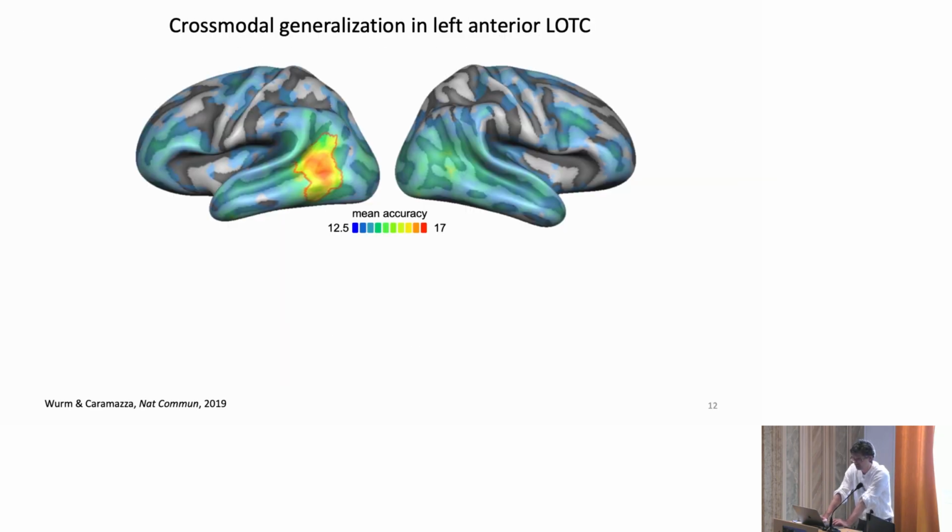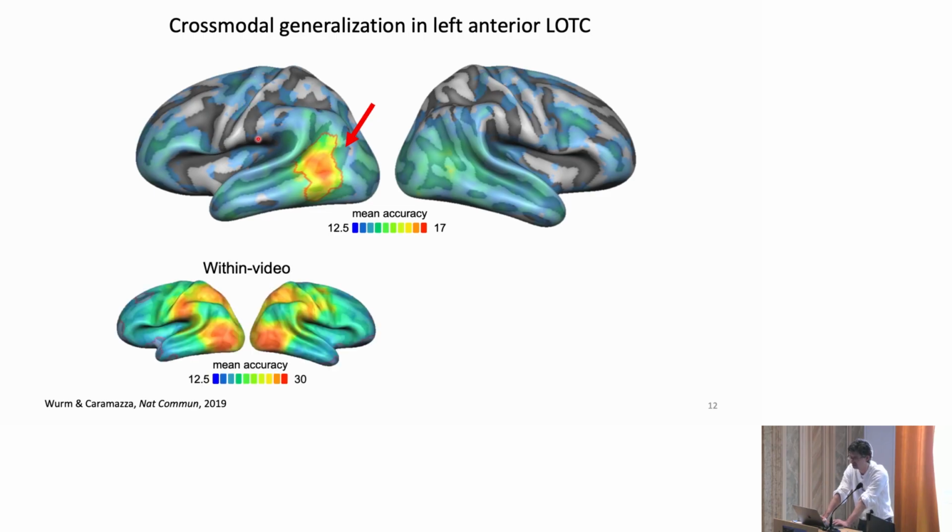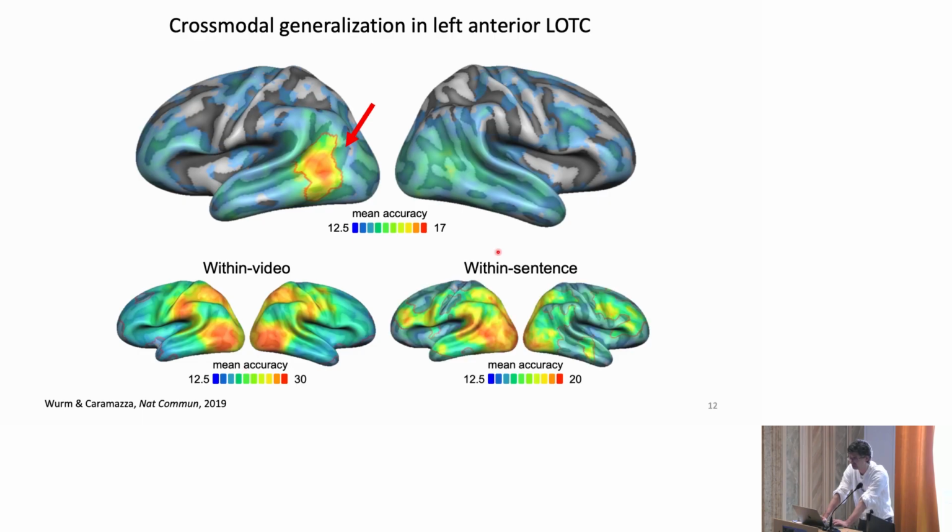Here's what we found. Only the left anterior LOTC encodes action representations that generalize across observed actions and written descriptions. So this pattern is in strong contrast to the decoding of just action videos, or to the decoding of sentences, which reveal much more widespread effects, including also frontoparietal cortex.